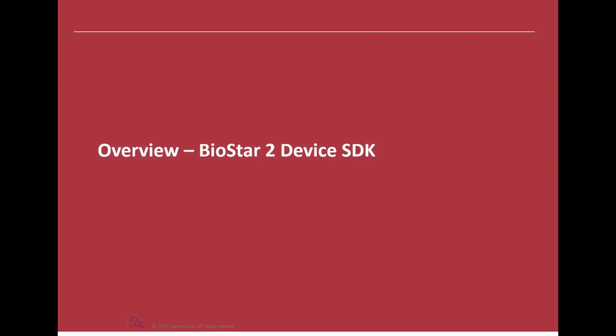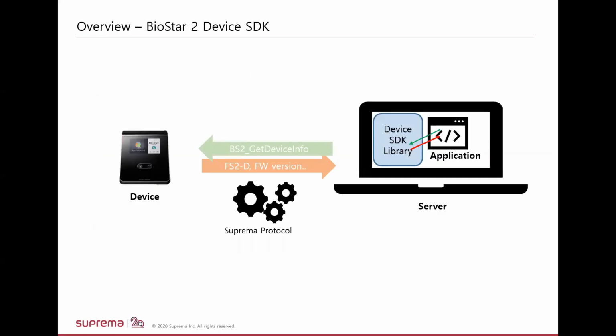So let's look at the structure of the Device SDK and see more details. I explained what the API and SDK mean in the first category, and the Device SDK also communicates with the devices and systems through this API. If you have ever entered the Device SDK manual website, you may have seen the commands that begin with BS2_.